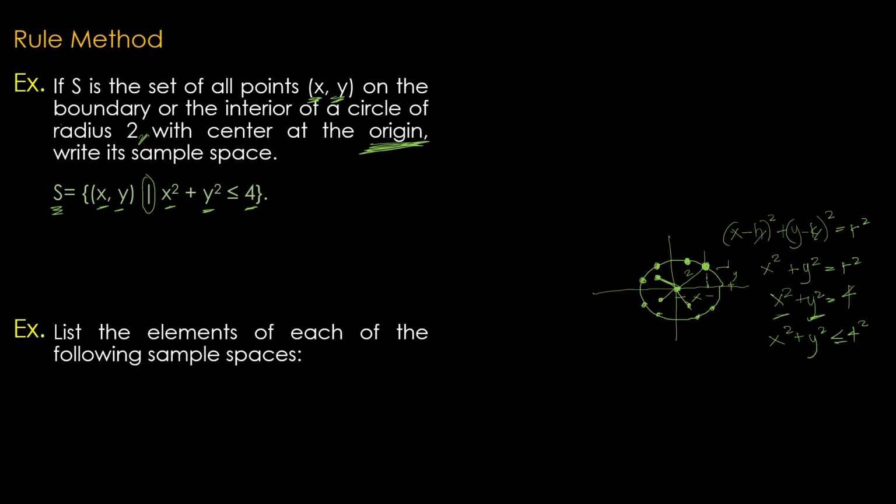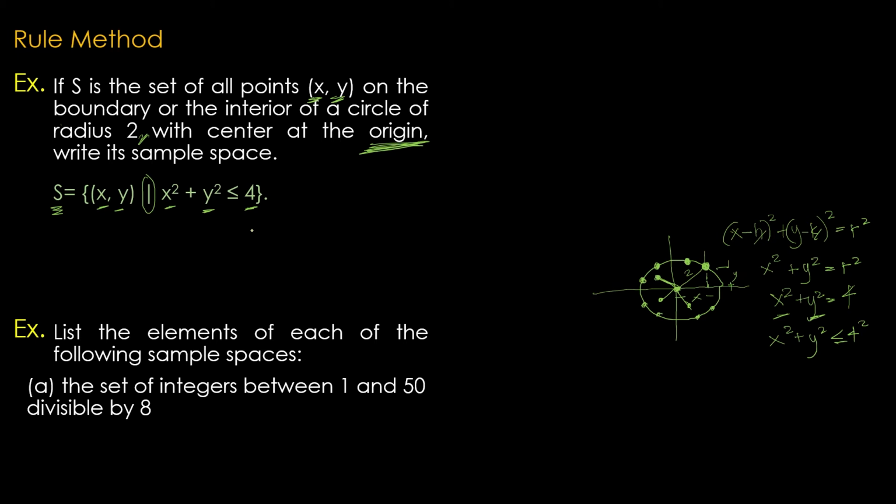Okay, next. We are to write the elements of each of the following sample spaces. Here, you don't need the rule method because you have a finite number of numbers between 1 and 50 that are divisible by 8. For letter A, the set of integers between 1 and 50 divisible by 8.